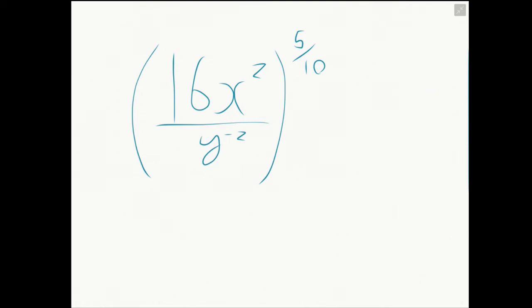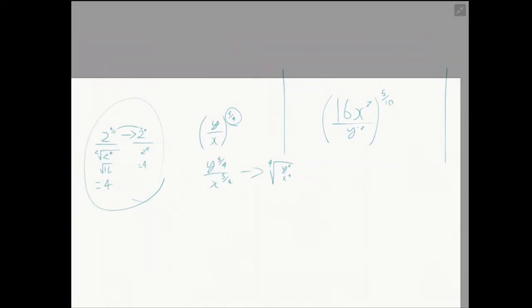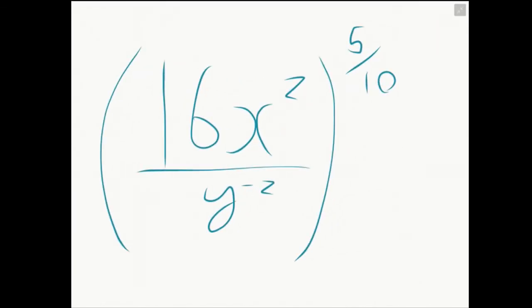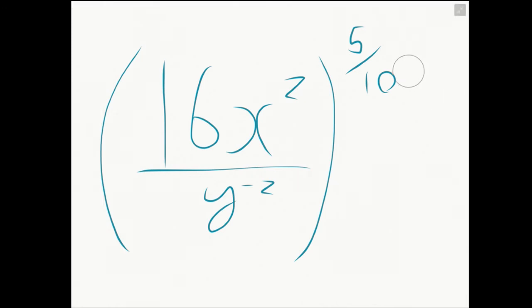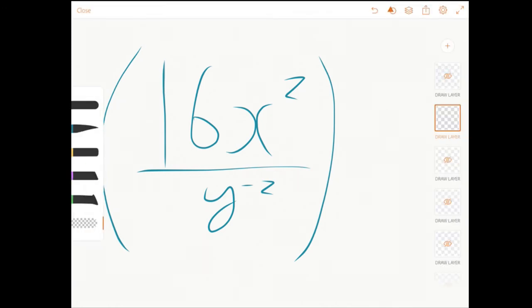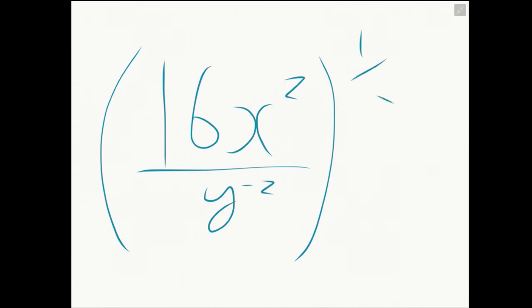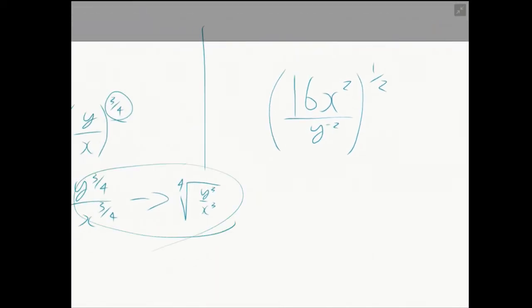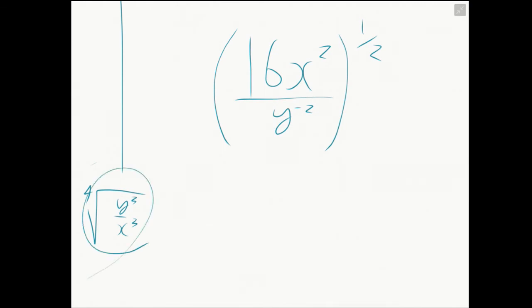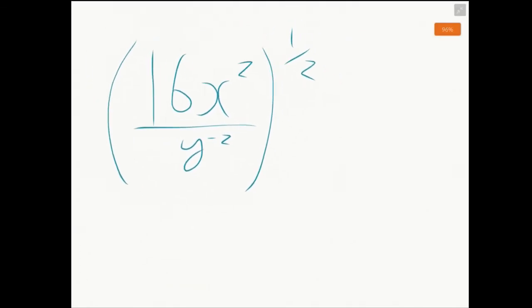Okay, so what we learned right over here actually is that we can look at fractional exponents and reduce them. So 5 over 10 is quite clearly reducible to 1 over 2. So 1/2, okay? Now, from here, we can choose one of these methods, and I'm going to use this one as, in my opinion, it's the best method.